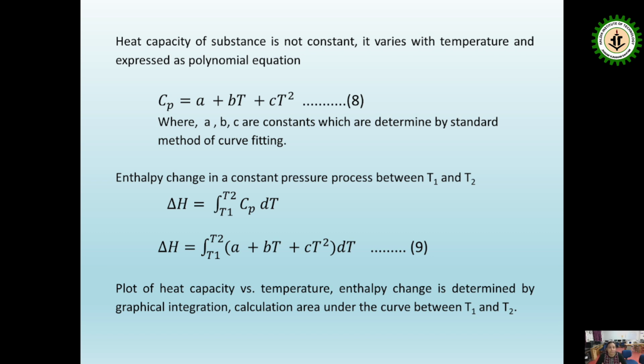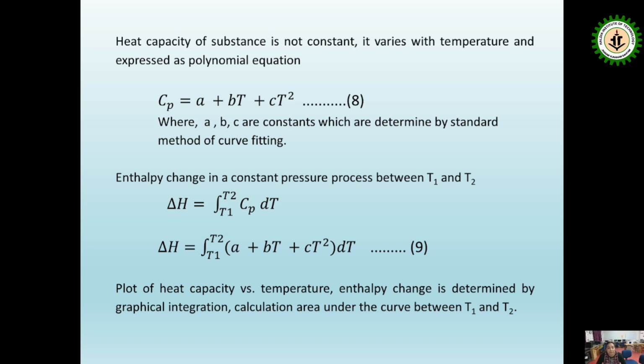Now the change of enthalpy in a constant pressure process between the temperature range T1 and T2 is expressed as enthalpy change delta H equal to integration T1 to T2 Cp dT, and it can be rewritten as integration T1 to T2, replacing Cp by the polynomial equation, (A plus BT plus CT square) dT.